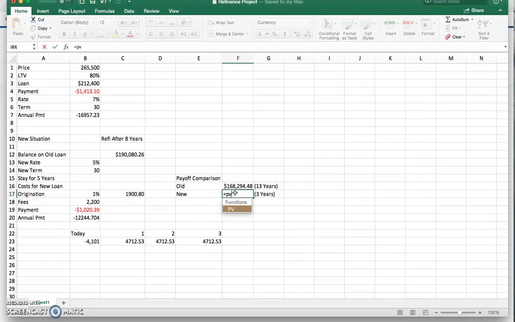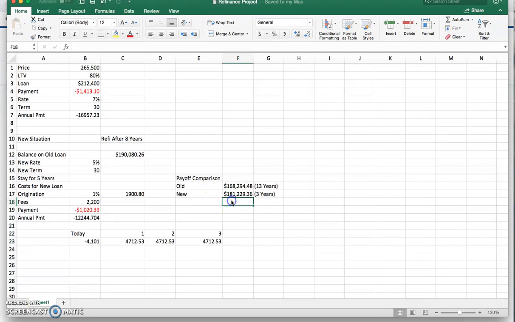Just present value, new rate of 5% divided by 12, and then 30 minus 3 times 12. So it's going to be more to pay off. The new amount is significantly higher than the old.